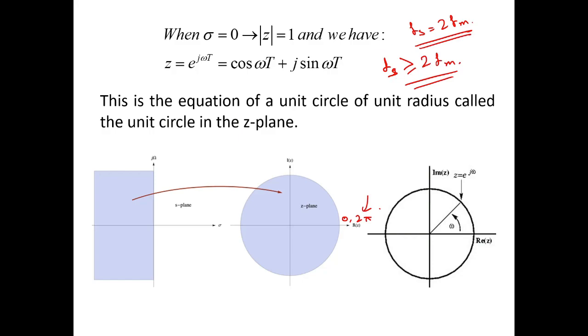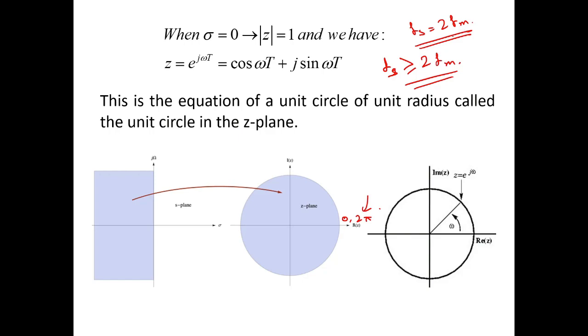The larger the fs, the better will be the signal reconstruction. So the lower critical limit is fs equals 2 of fm.